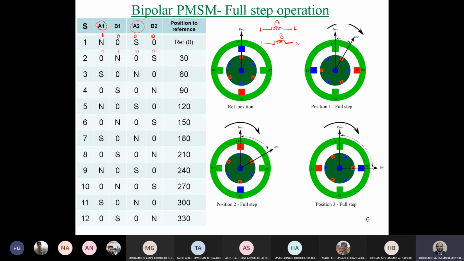So in order to not be confused, guys, you can memorize that you are going to replace the ones in unipolar operation by N. And for sure, if you energize the first half by N, the other half has to be S. So this is the way to memorize the operation in order to not be confused. All the time, take care in the schedule about N. As you can see, N will be shifted in this way all the time.